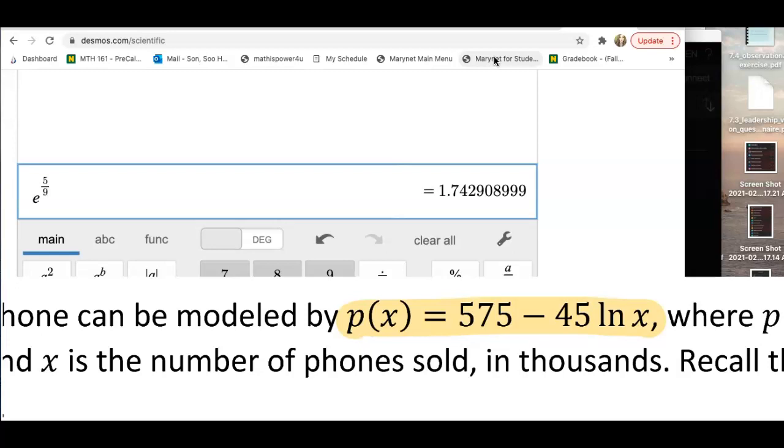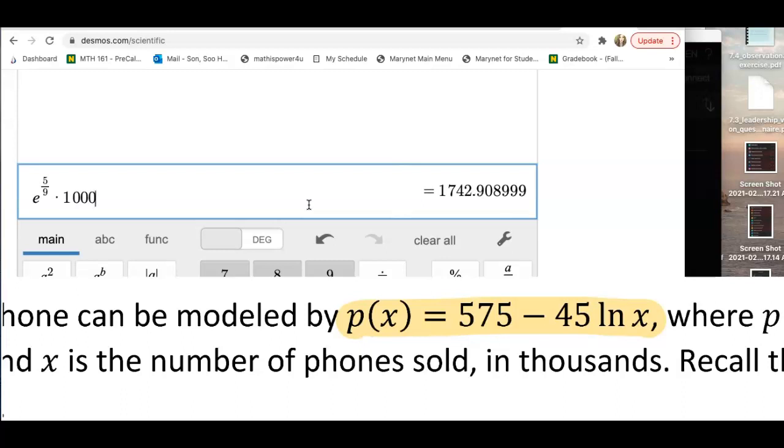So this decimal is not saying that they made 1.742 phones. They're not making less than 2 phones and people are willing to pay $550 for it. Because this number is in thousands, I need to multiply this decimal by 1,000.